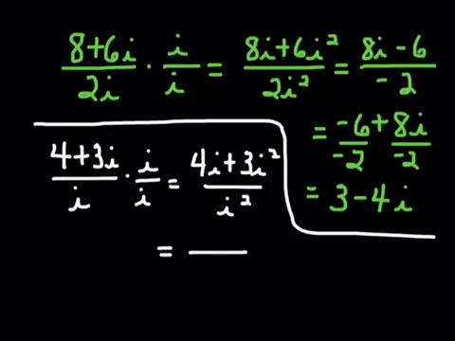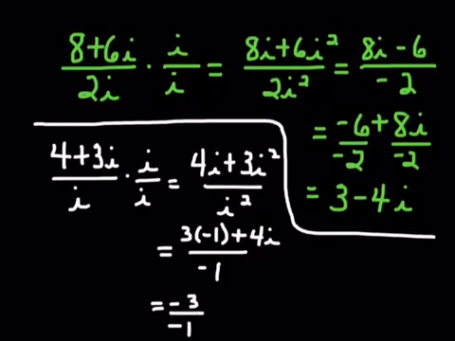The i squared is negative 1. So we end up with negative 3 over negative 1 plus 4 over negative 1 i. Now let's reduce. Negative 3 over negative 1 is a positive 3. 4 over negative 1 is negative 4. So either way.